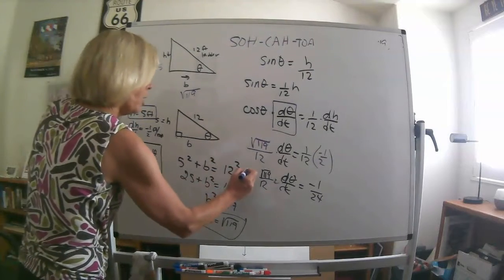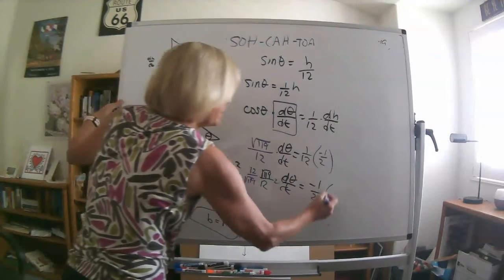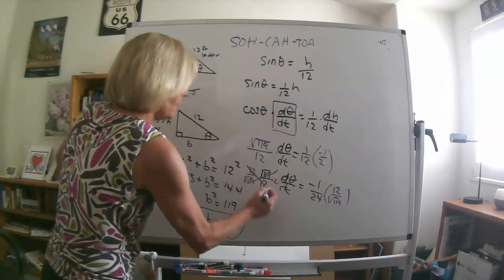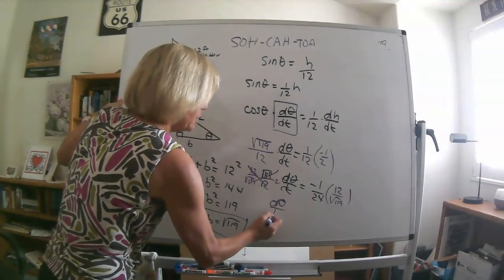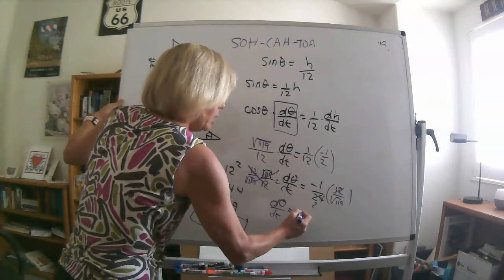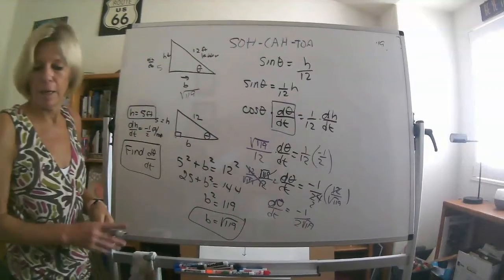So I multiply by 12 over the square root of 119. D theta/dt equals negative 1 over 2 square root of 119.